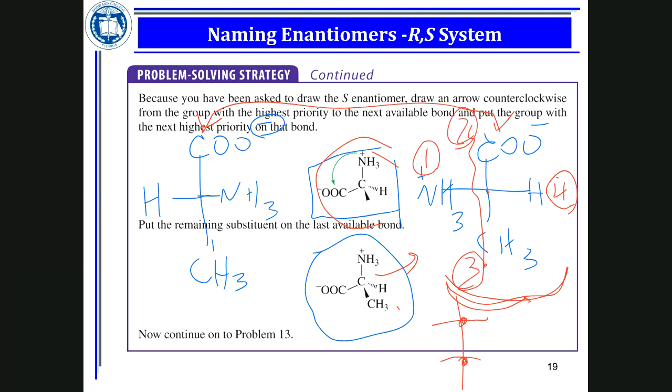Going 1 to 2 to 3, clockwise or counterclockwise? It's clockwise. Clockwise, but what is the position of hydrogen? Hydrogen is coming toward you or is going away from you?